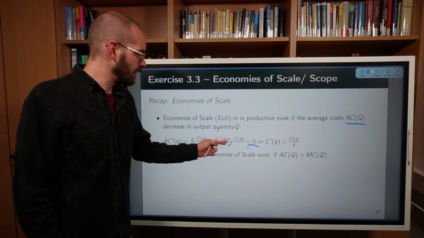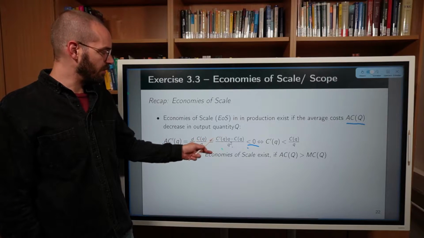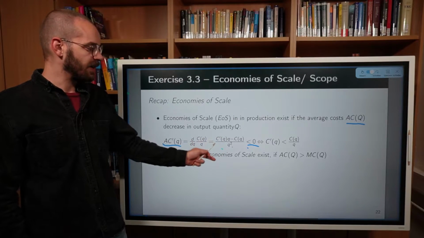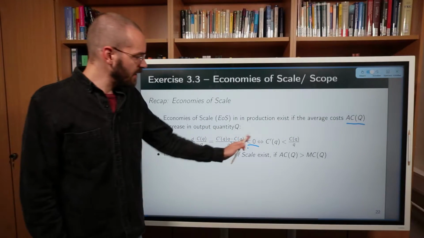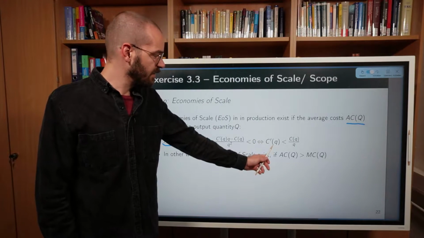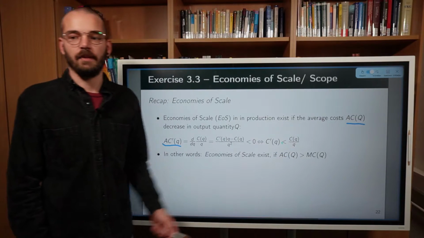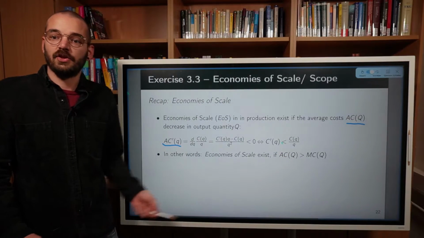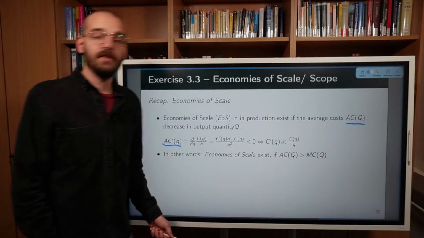And what you will notice is that the first derivative of this cost function over here is simply the marginal costs, okay? So by rearranging this expression, we can tell that the marginal costs need to be smaller than the cost function divided by q. And cost function divided by q, of course, is the average cost all over again.